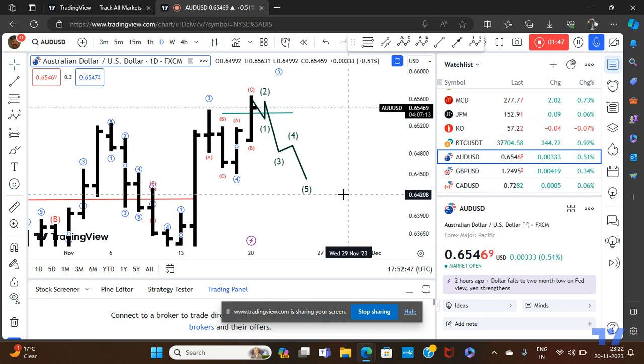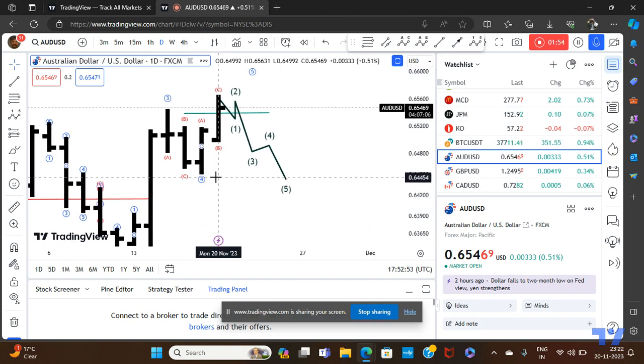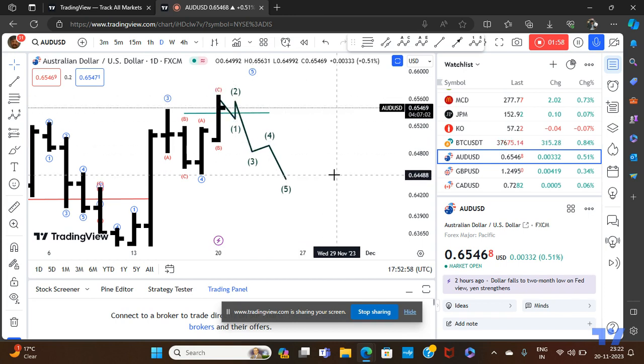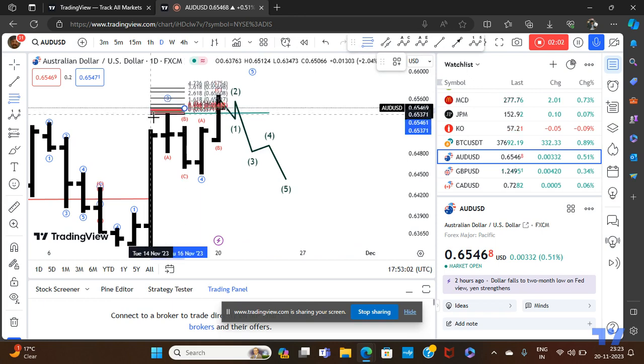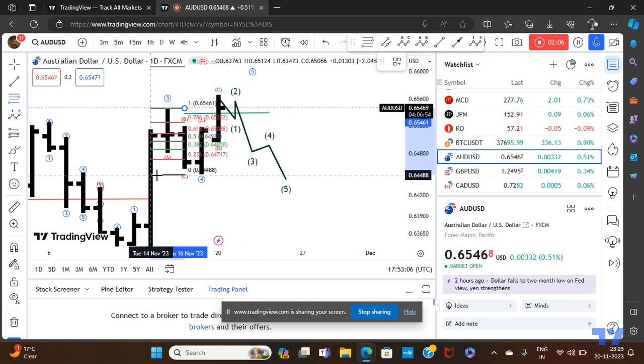Okay. So this is my first wave count. What is my second wave count? So one can trade this 1, 2, 3, 4, and 5. And the expectancy is how much? Say this much.